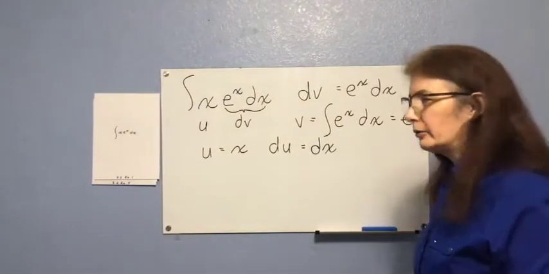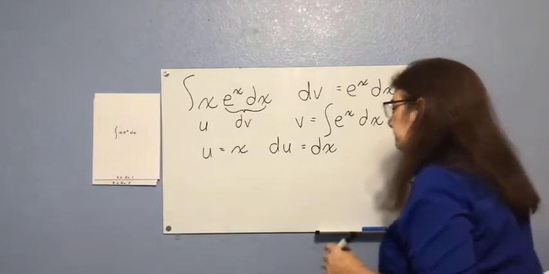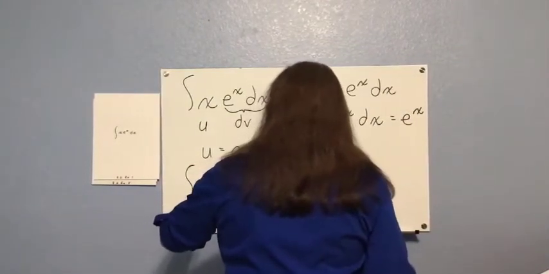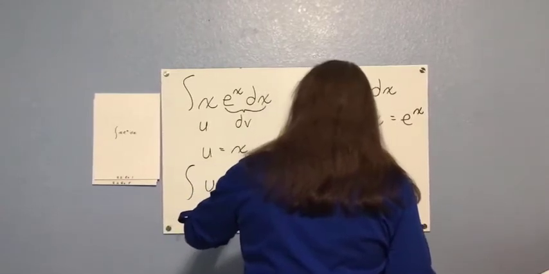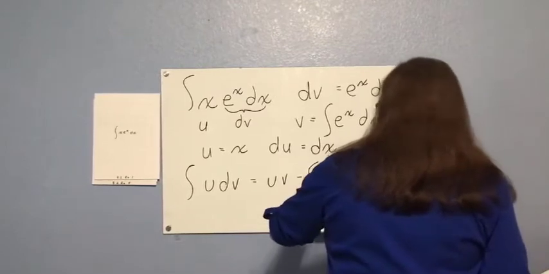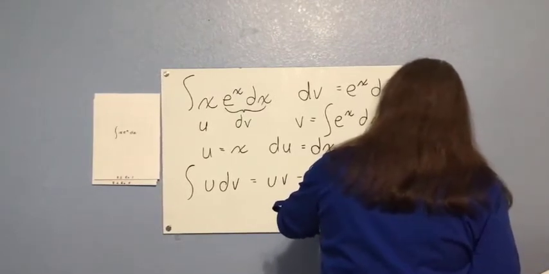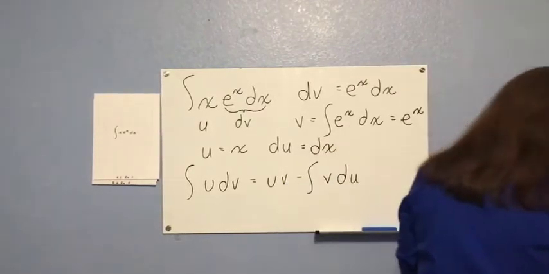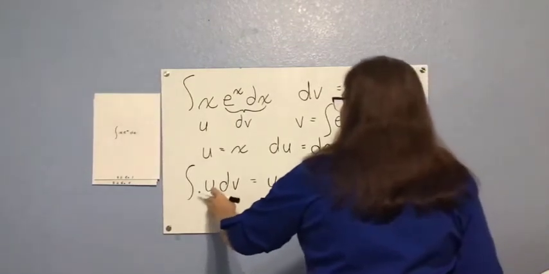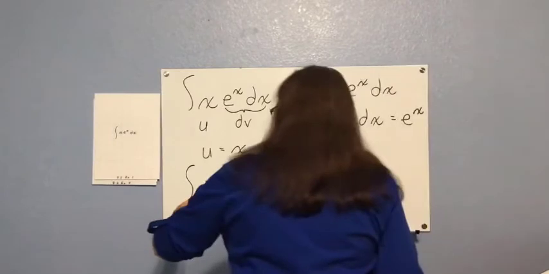Now let's write our integration by parts formula. The integral of u dv is equal to u v minus the integral of v du. Okay, let's replace this with what we have.